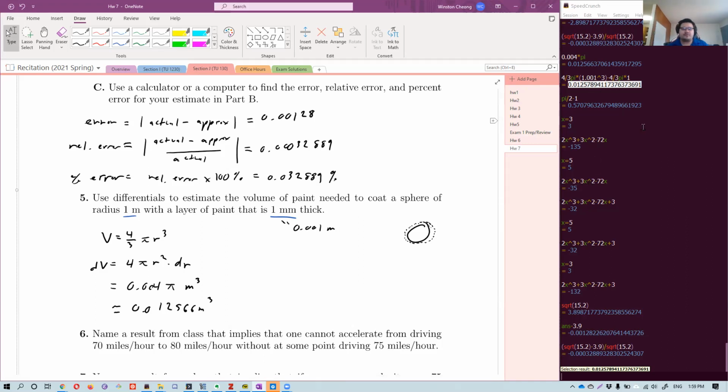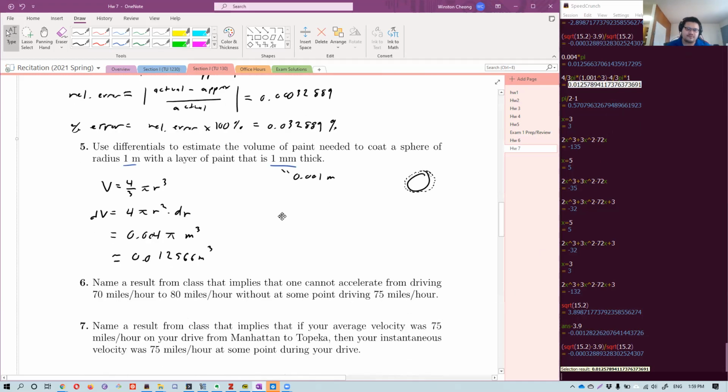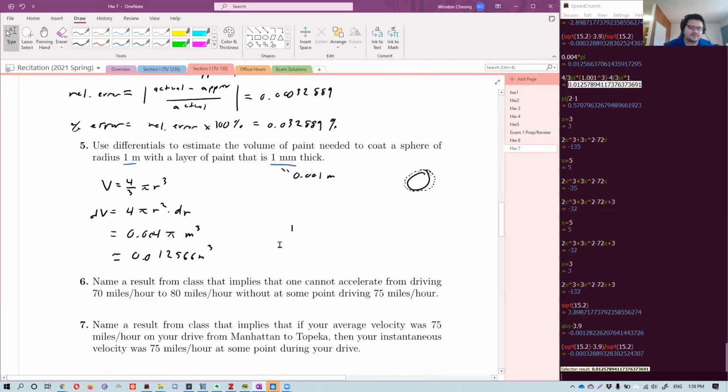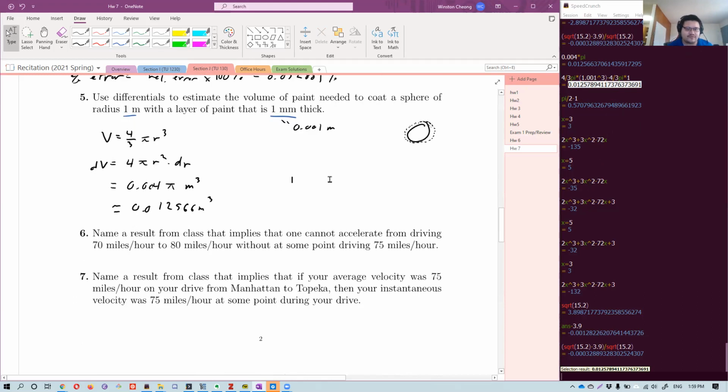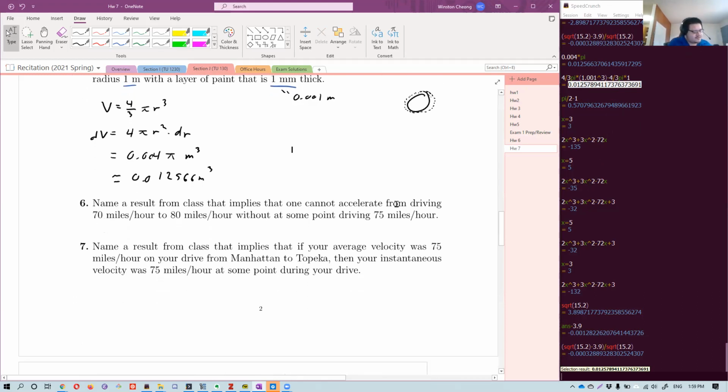Well, maybe you can cube 1.001, but versus this, you can easily just multiply 3.14 by 0.004 and get at least something close to this value. So you can see that there's a bit less calculation work. You don't have to cube something complicated. So there's some reason. And also, most of calculus was invented before calculators, actually. Anyway, good. 6 and 7.